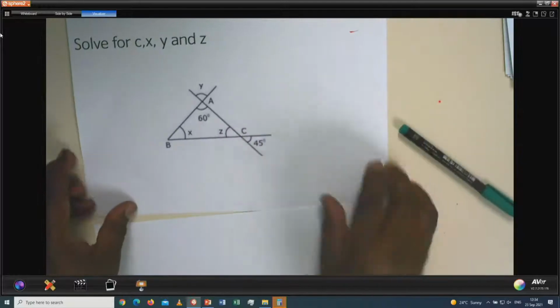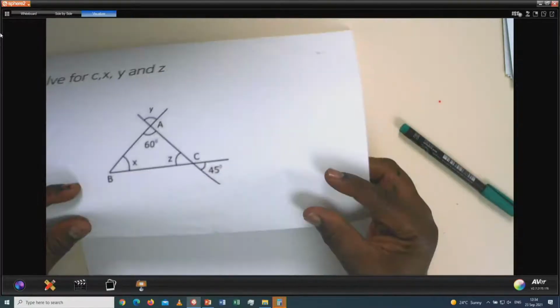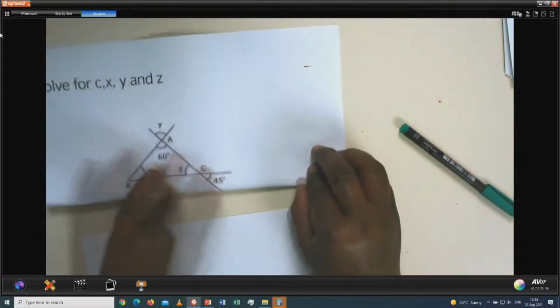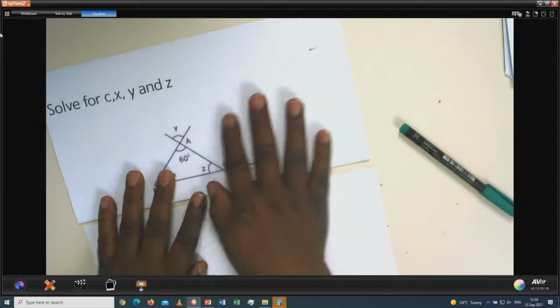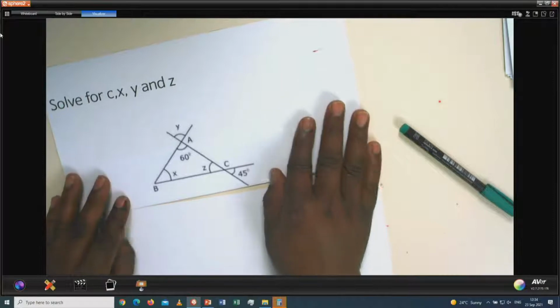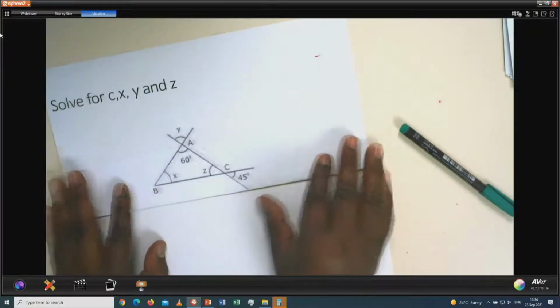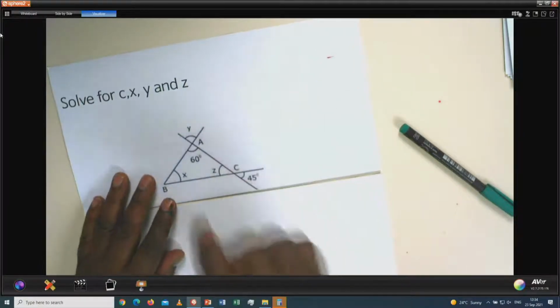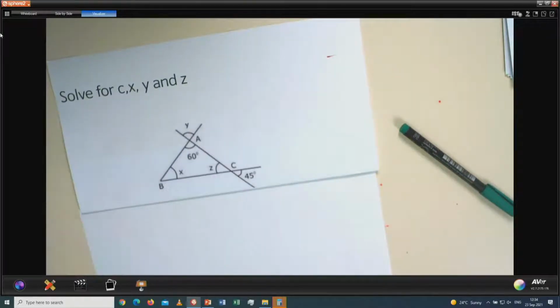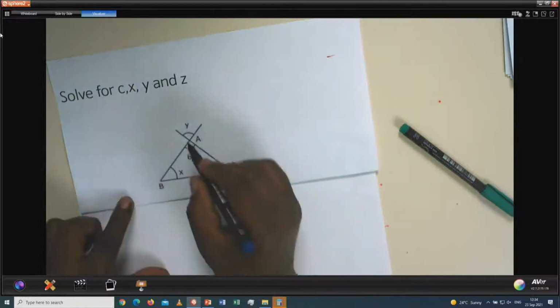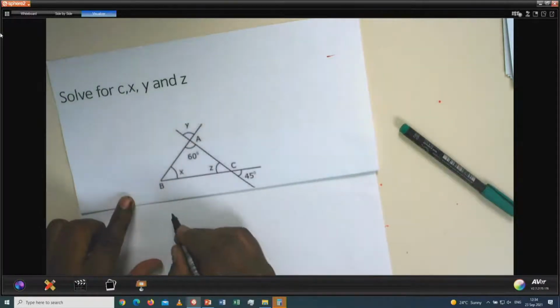Therefore, tell us what is in front of you. Mathematics, the answers to the questions are right here in front. What is the relationship? Vertically opposite.